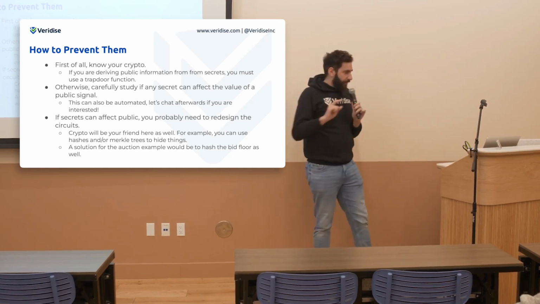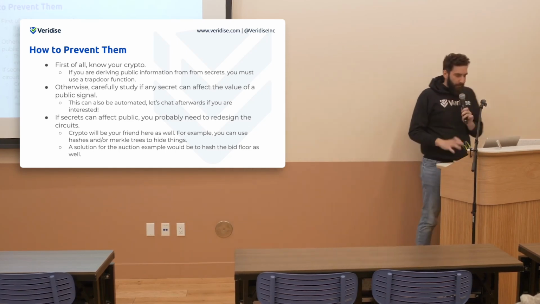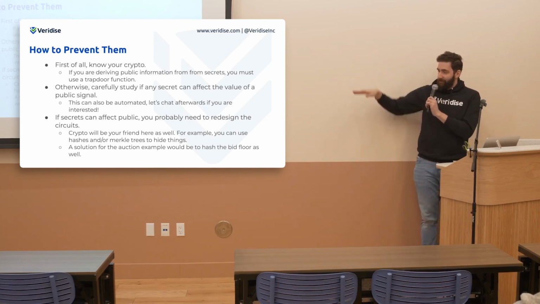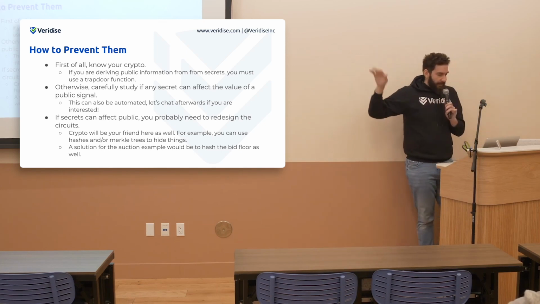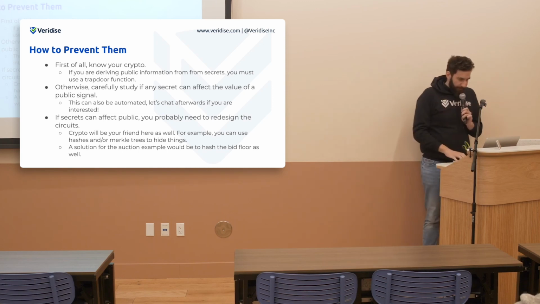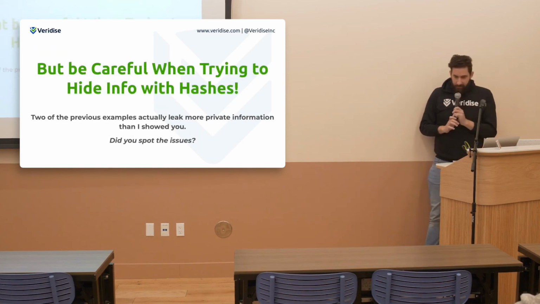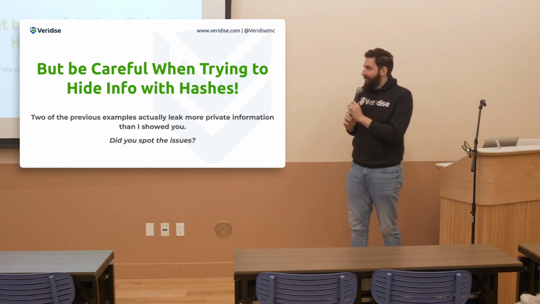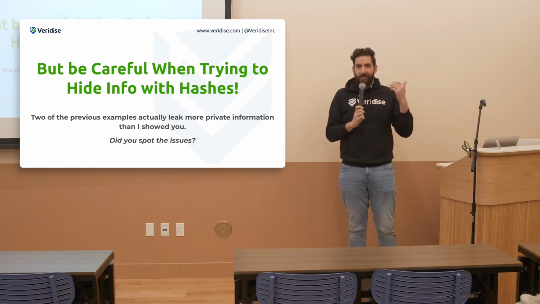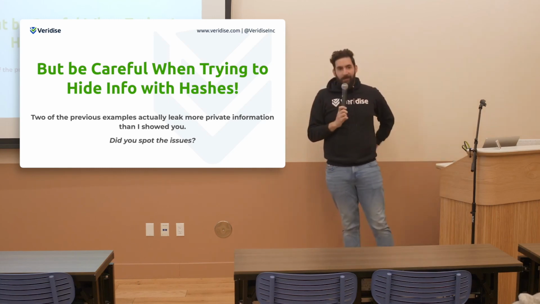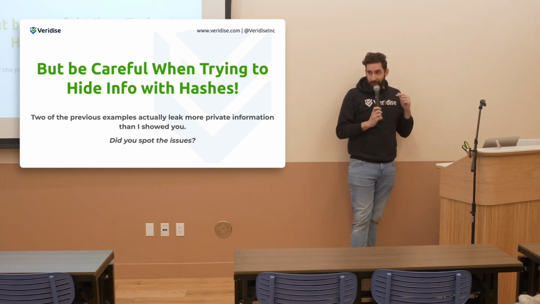So speaking of that, when we redesign our protocol to be secure and introduce all these extra layers of protection, we again have to be careful. One solution one can use is to just hash everything, right? But even then, we again have to be careful.